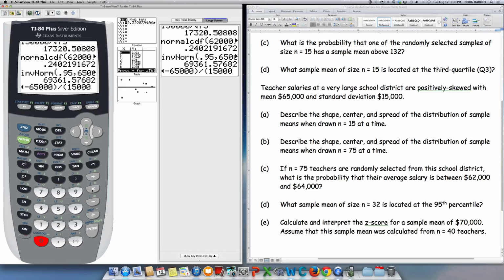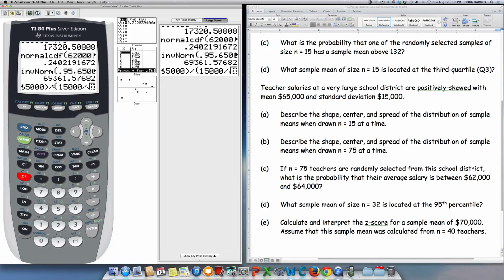Got to get your students thinking about a couple things here. First of all, you got to get them thinking about order of operations, hence make sure you put that parentheses in front of the 15,000.